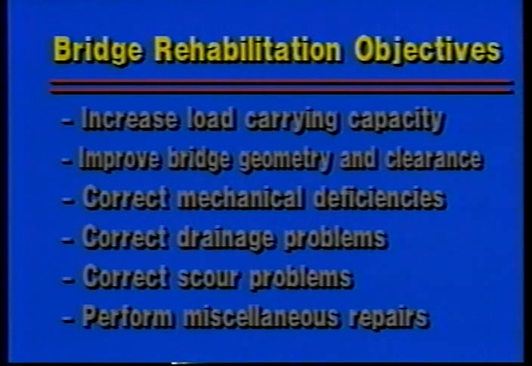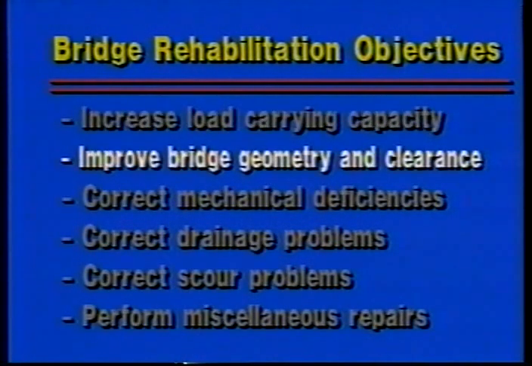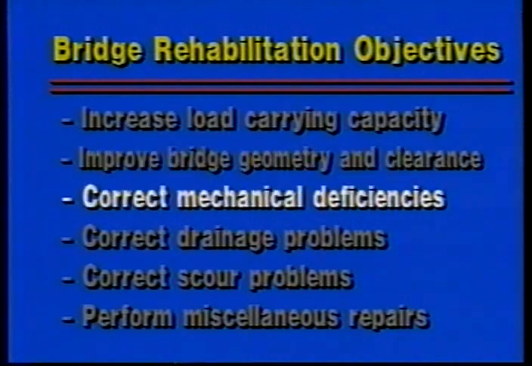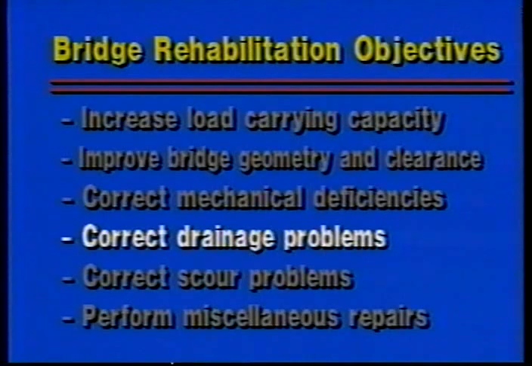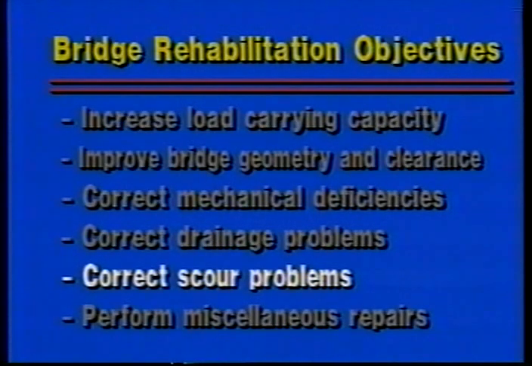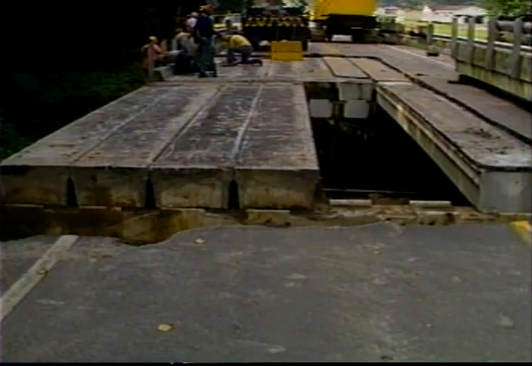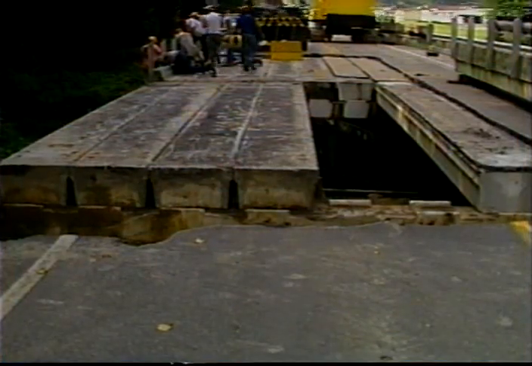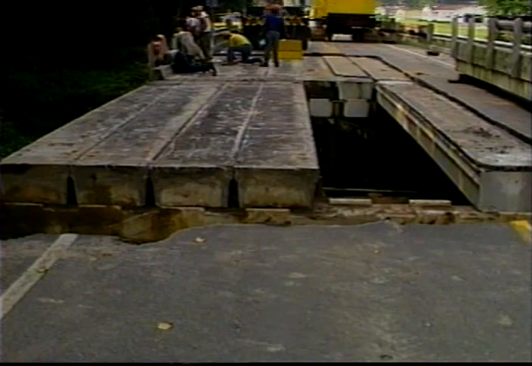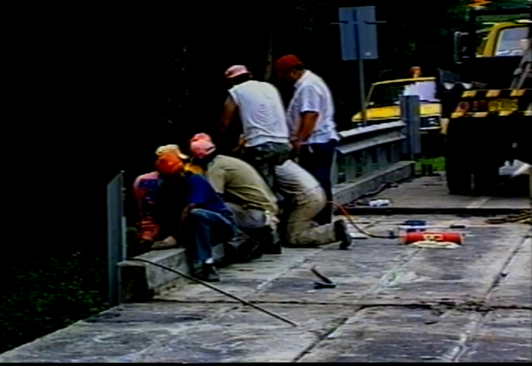Bridge rehabilitation includes increasing the load carrying capacity, improving the bridge geometry and clearance, correcting mechanical deficiencies, correcting drainage problems, correcting scour problems, and performing miscellaneous repairs. When these activities are undertaken, they should be designed to assure that the improvement will be adequate to eliminate the deficiencies.